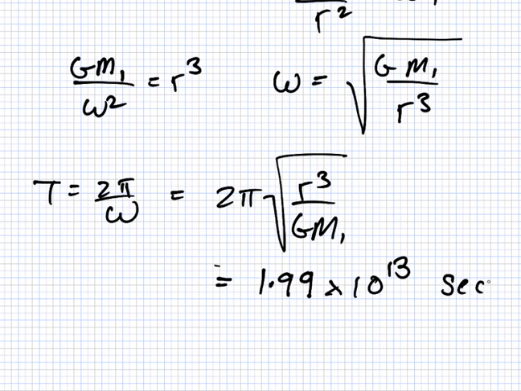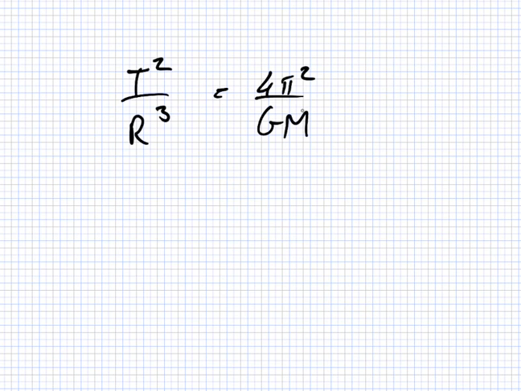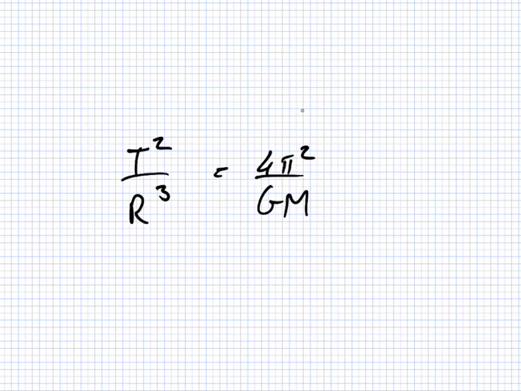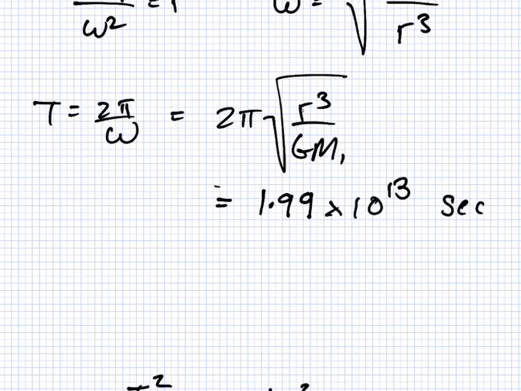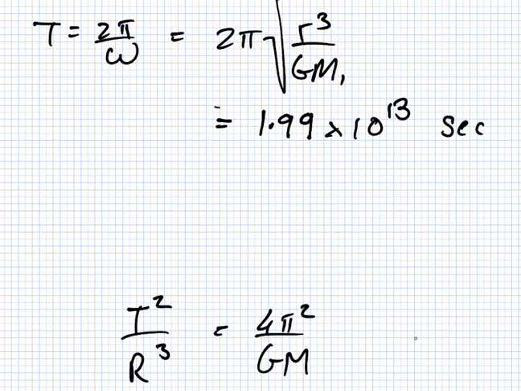Now this formula is Kepler's formula. It's not in the formula book. Kepler's second law, I think, is it? Anyway, notice that the formula looks the same as the one I worked out, except just rearranged slightly.